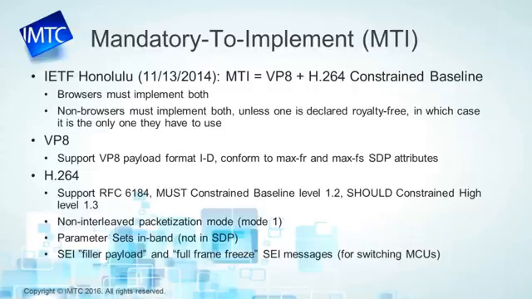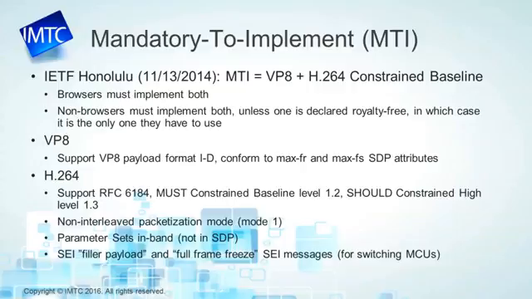For H.264, you have to support the corresponding RTP payload format, which is RFC 6184, in the constraint baseline profile, which is very commonly used in old-style video conferencing systems at level 1.2, which is like 240 by 240 lines.